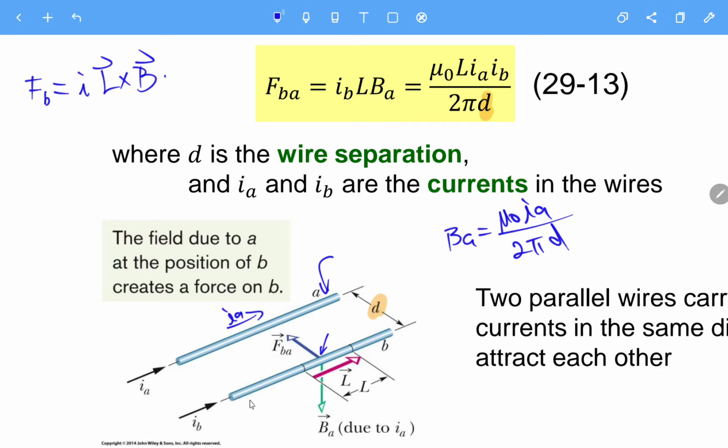And in this case, IA and IB point in the same direction.